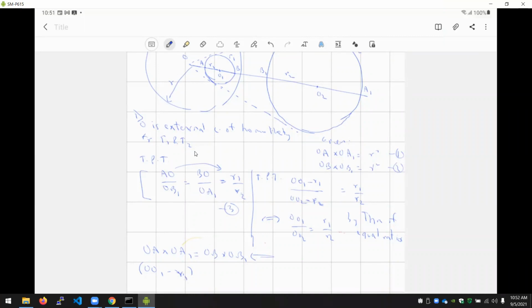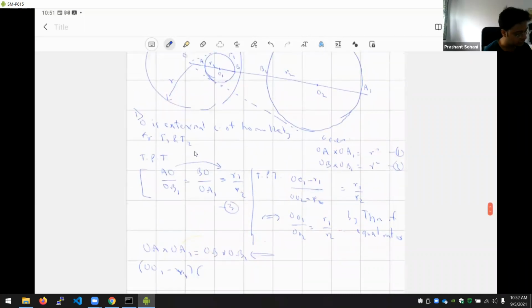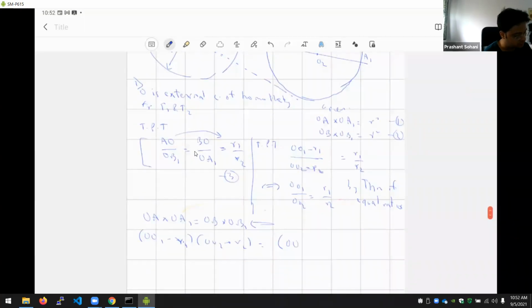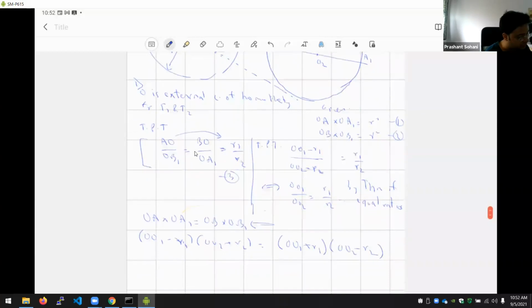Okay, so let me just try that quickly. I have a slightly different approach, but maybe we are going to do the same thing. So here OO2 plus R2 equals OB, OB is OO1 plus R1, and OB1 is OO2 minus R2. If I expand out everything, I can see some things are going to cancel, like OO1 into OO2 will cancel out.